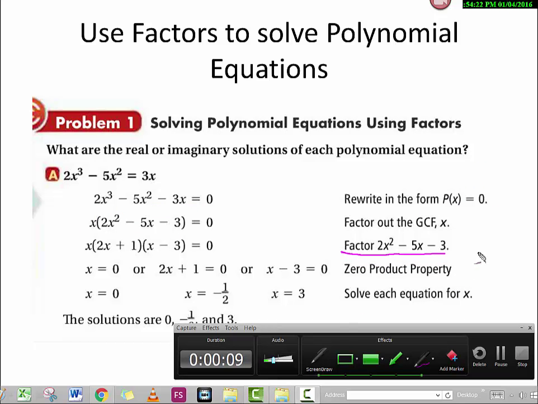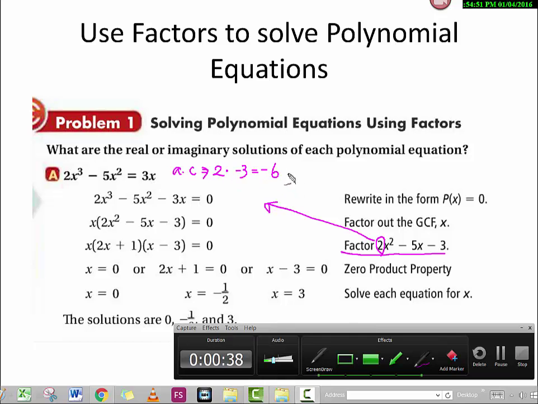If you still remember the factoring technique that we learned from the quadratic function chapter, since the coefficient of the leading term is 2, not 1, we have to use the A times C technique. So in other words, in this case, A is equal to 2, C is negative 3, so 2 times negative 3, we get negative 6.